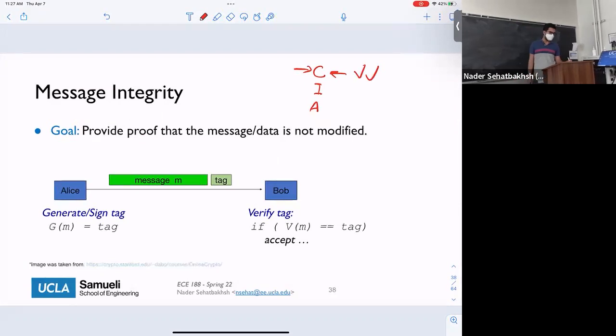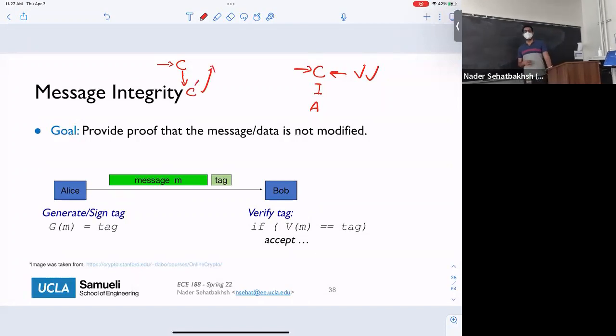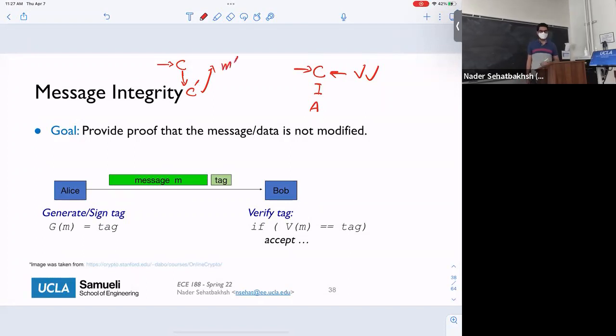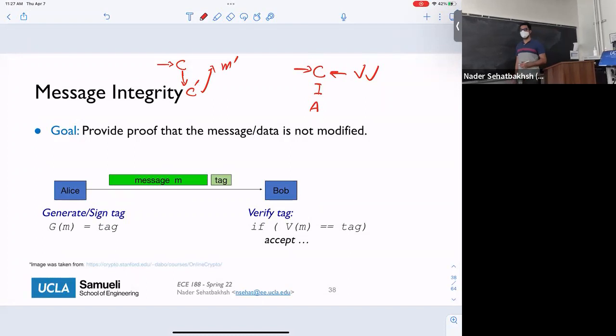For example, if I send a ciphertext and an attacker changes it, creating C prime, and sends it to the receiver, the receiver has no idea that this ciphertext has been changed. Specifically, if C prime is actually a valid ciphertext, the receiver is going to decrypt it, get M prime, and think that the message that was sent is actually M prime.